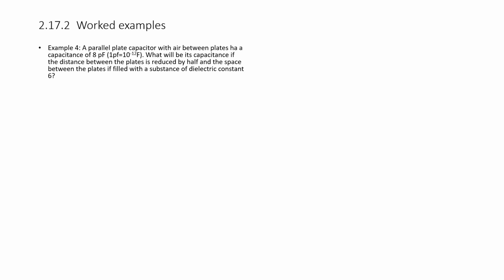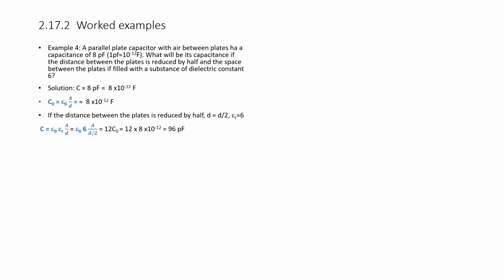And he is also filling up the plates with a dielectric material. Initially it was a vacuum or air. Now it is filled with a dielectric material with constant 6. Let us solve it. Solution: C is equal to 8 pF, that is equal to 8 into 10 to the power of minus 12 farads after conversion.